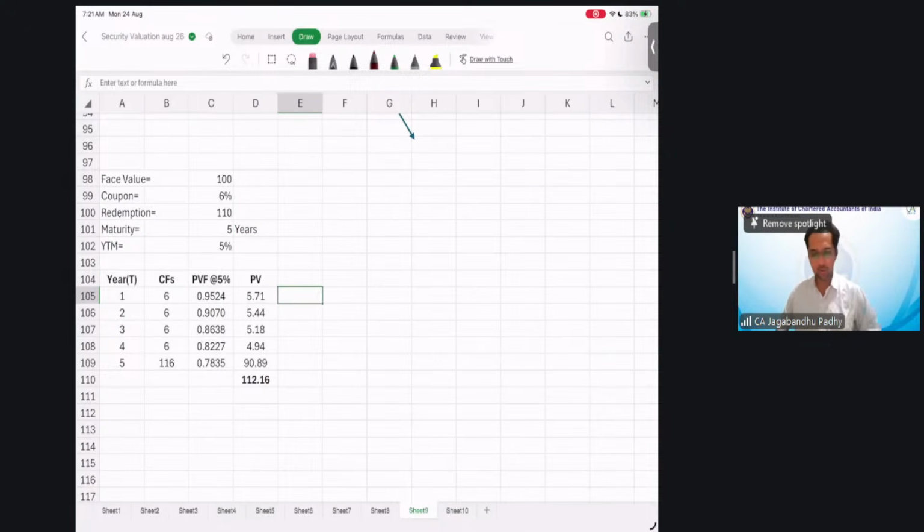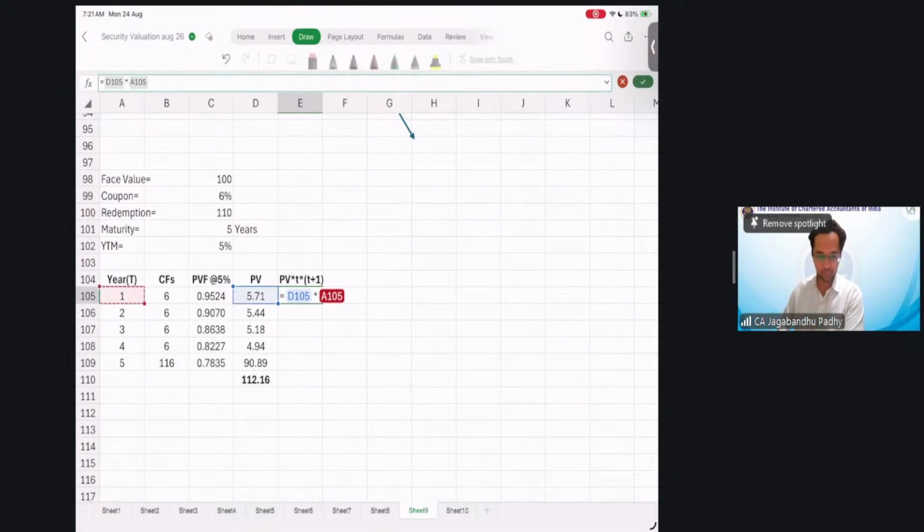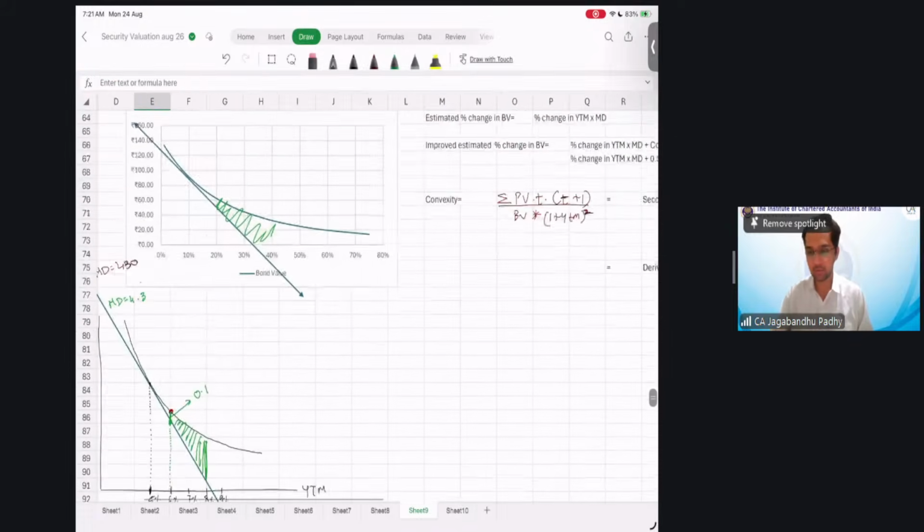Now what I need is PV into T into (T plus 1), because that's the first part we have in the numerator.